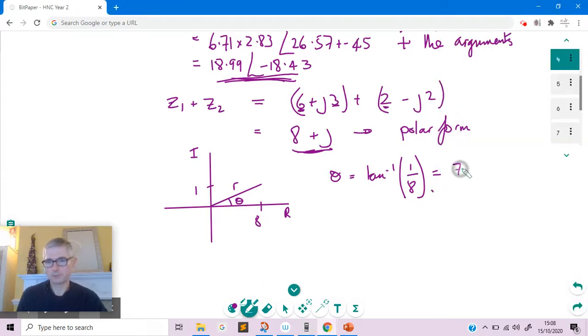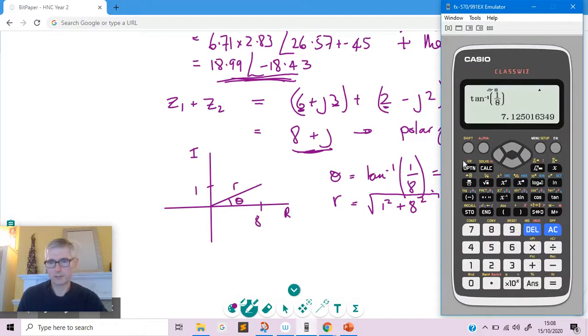So 7.13 is the angle, and the modulus again is using that thing that looks a bit like, well, it's actually based on Pythagoras. It's 1 squared plus 8 squared. So calculator up again.